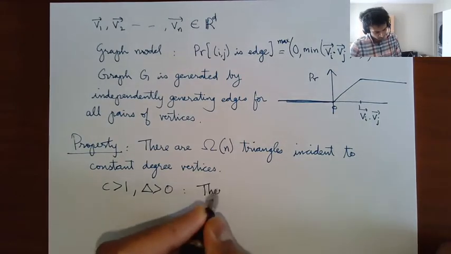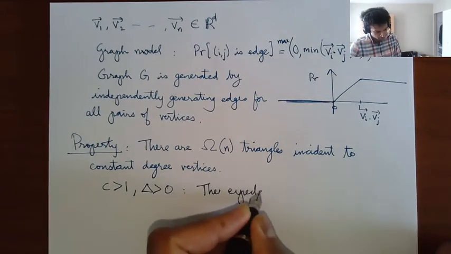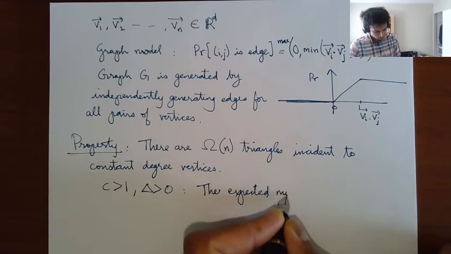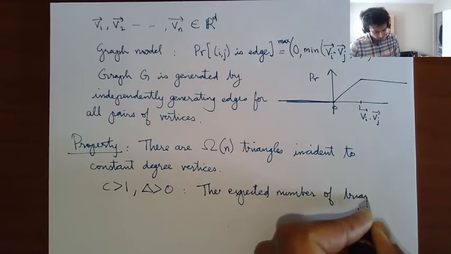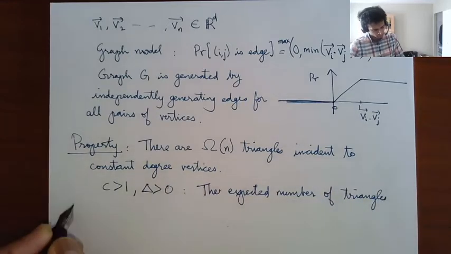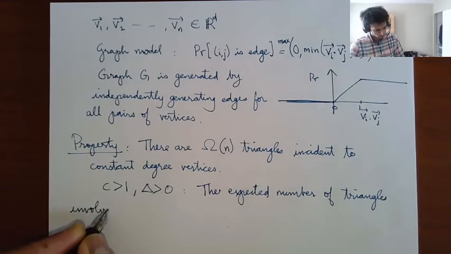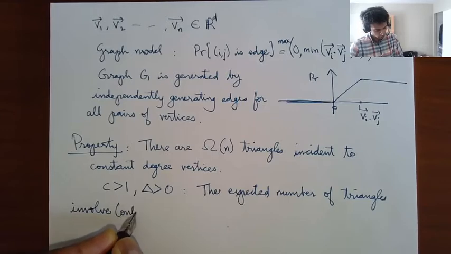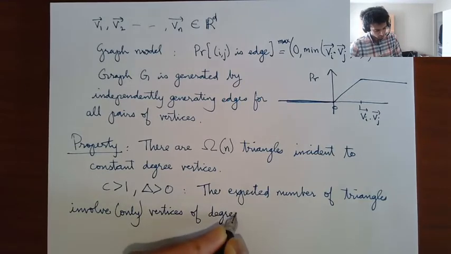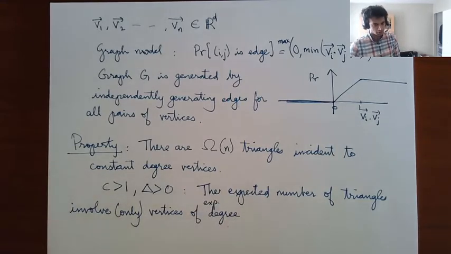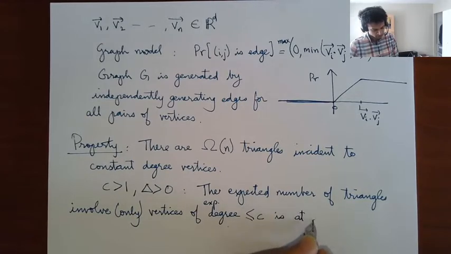I will say that the expected number of triangles involving only vertices of expected degree at most c is at least delta n.